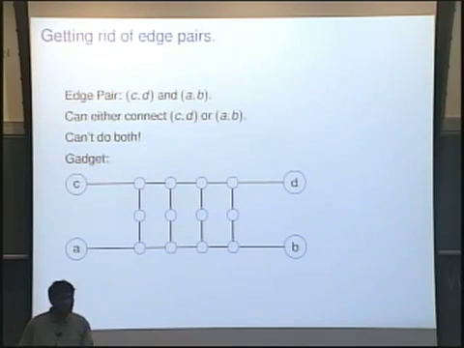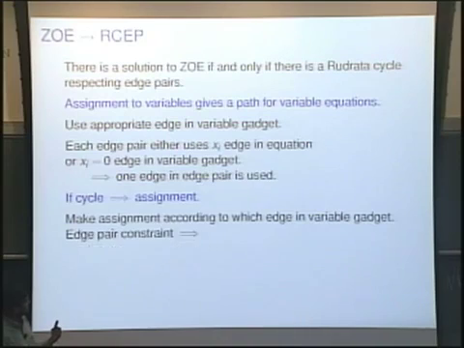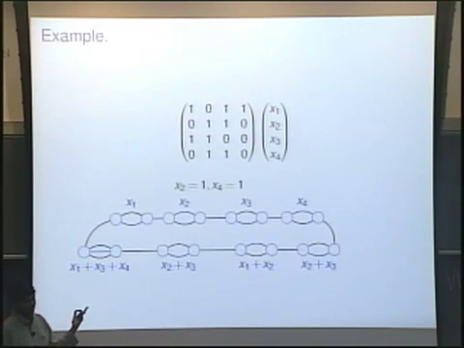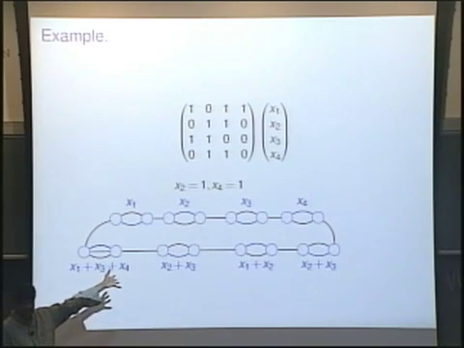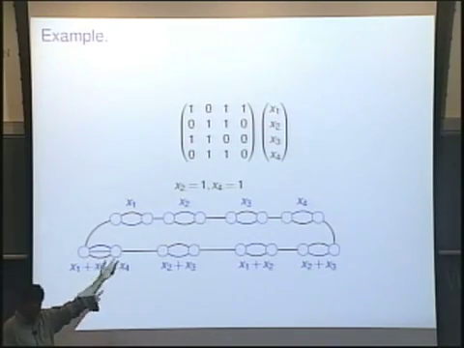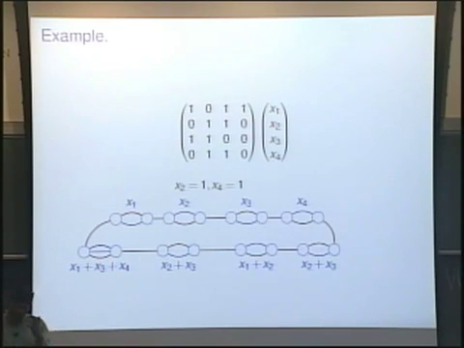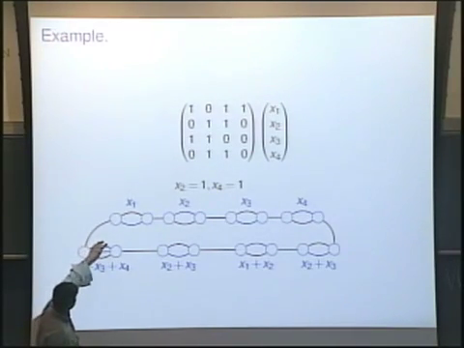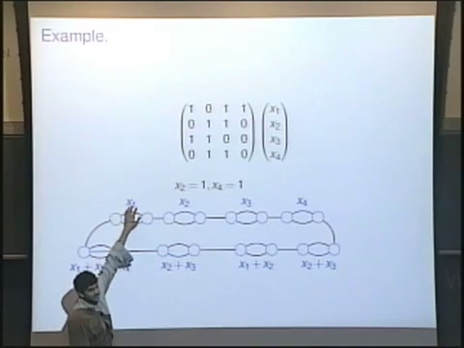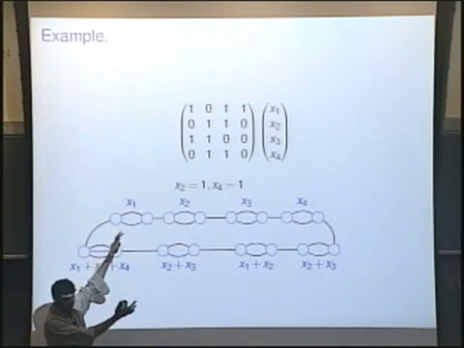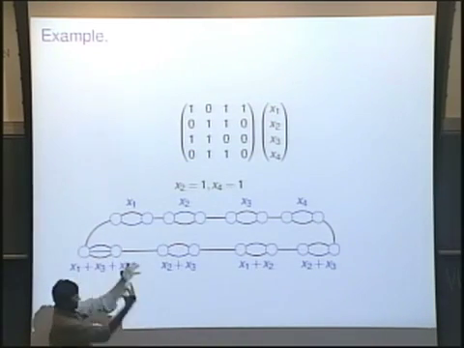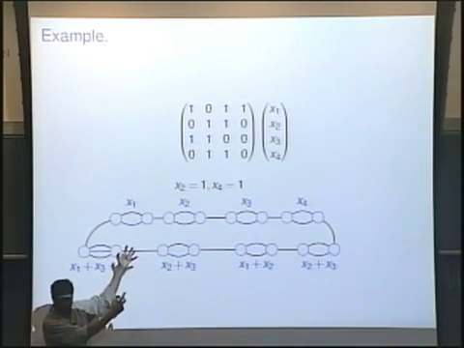So what we did is this crazy thing, and you think, oh, come on, this is ridiculous. We're just trying to find a cycle. Well, the cycle is obvious here, right? It's this one. But the hard part about Rudrata cycle is finding the cycle. So what these gadgets are doing is taking this thing and putting it together with this thing. So now instead of this nice graph where it's all a simple cycle, it's a big mess.